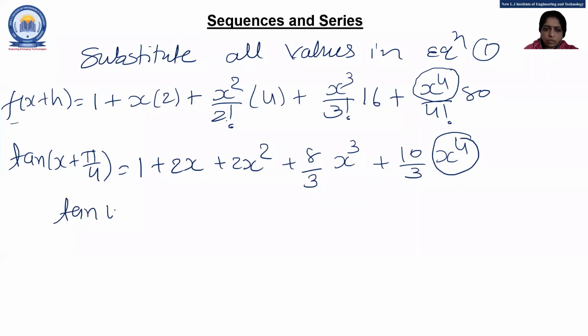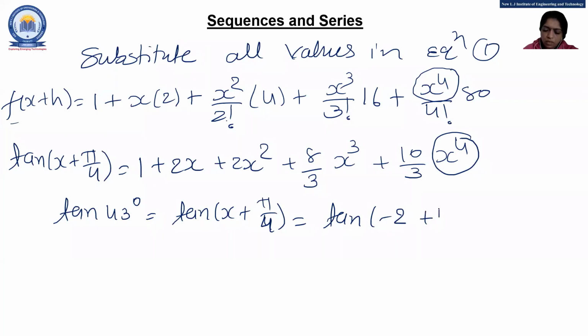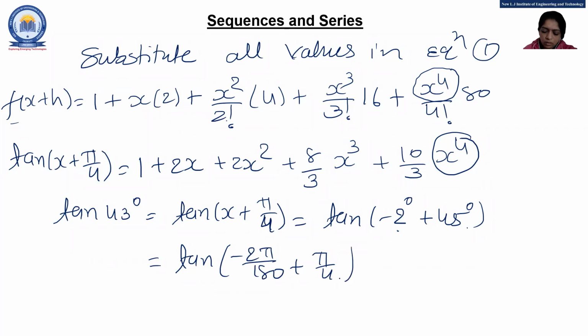So tan 43 degree, that is tan x plus pi by 4, and that is tan of minus 2 plus 45 degree. This is 2 degree. So 45 degree minus 2 degree is just 43 degree. So it is equal to tan of minus 2 pi upon 180 plus pi by 4, right?